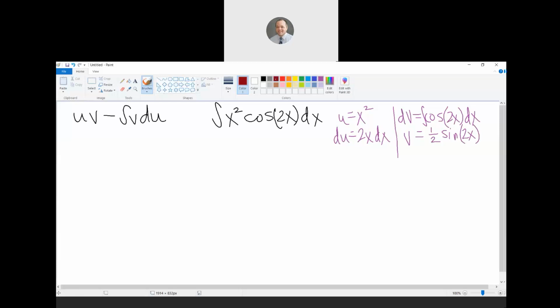I did a mini substitution. Instead of u, I used the letter a, for apple. And I let a equal 2x. So when we take the derivative of both sides, we have da equal to 2dx. That's the same thing as dx equaling 1/2 da.